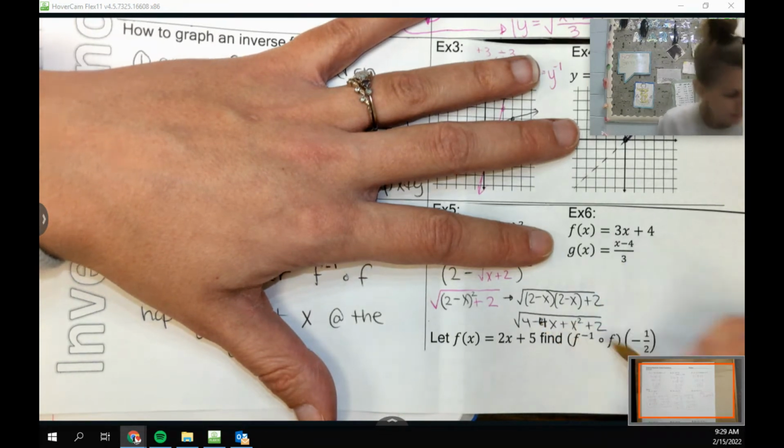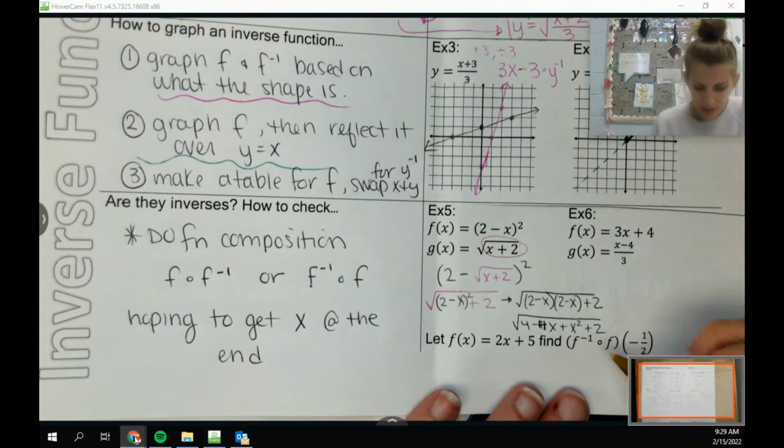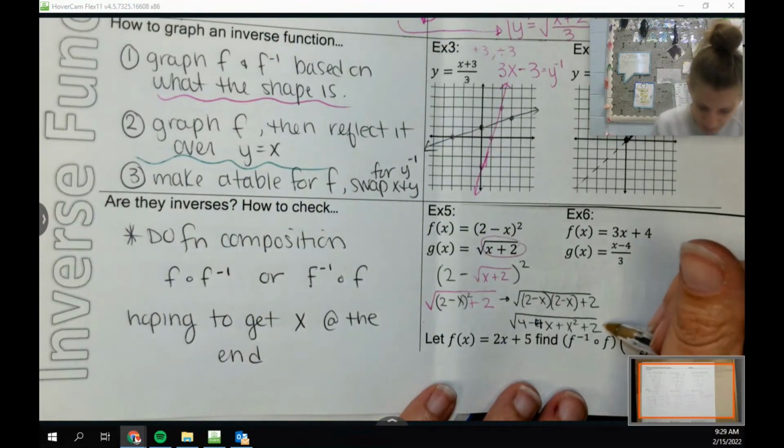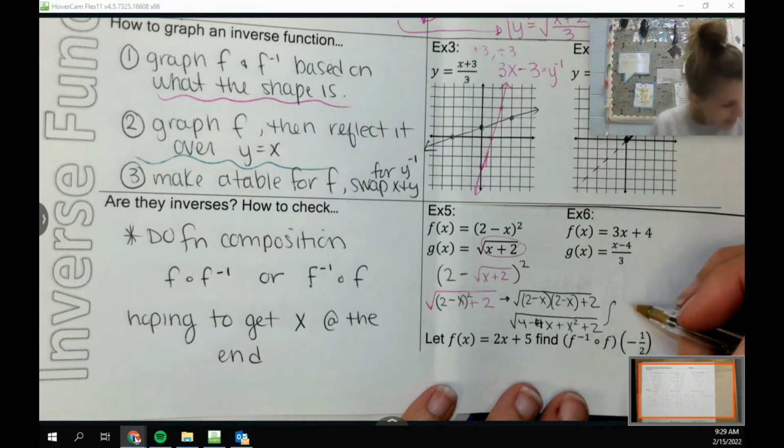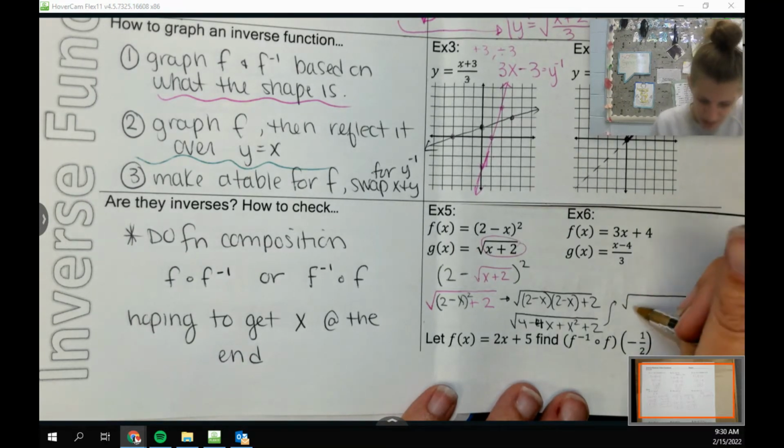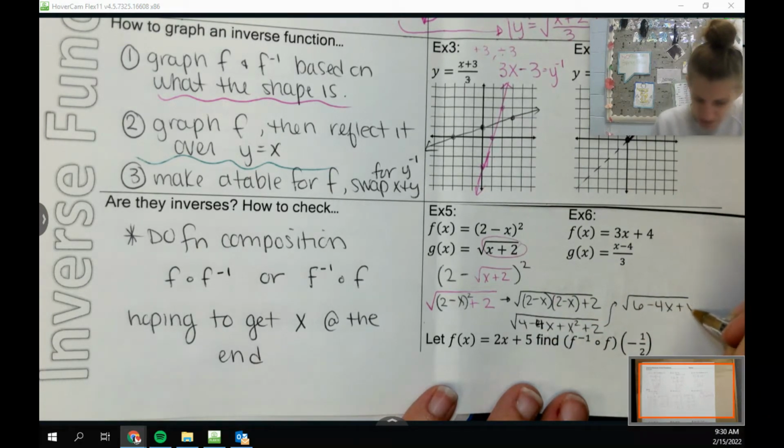Maybe this is awful. I don't know. We'll keep going. So then we have 6 minus 4x plus x squared.